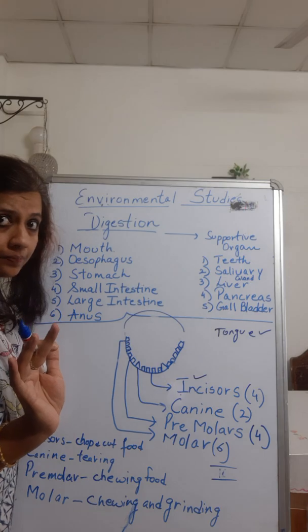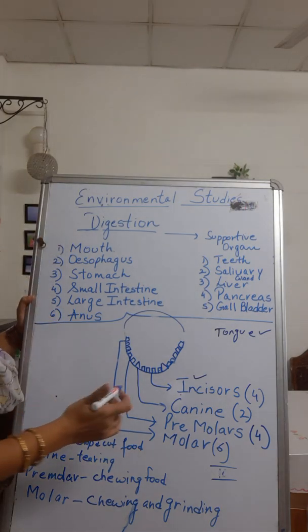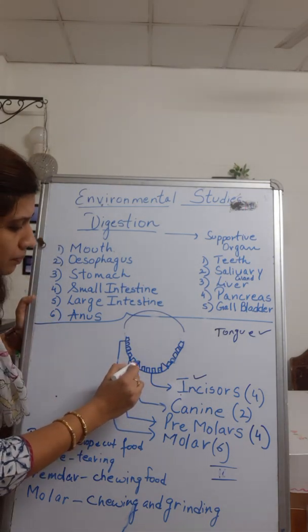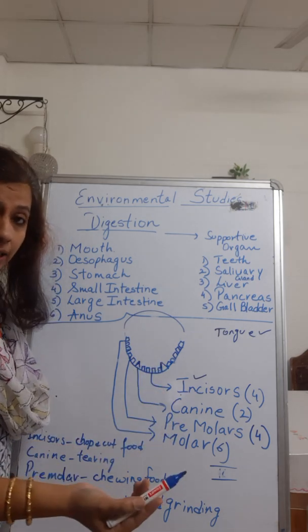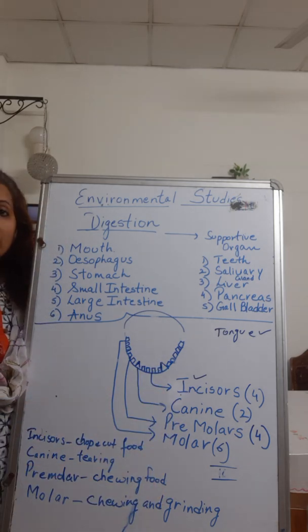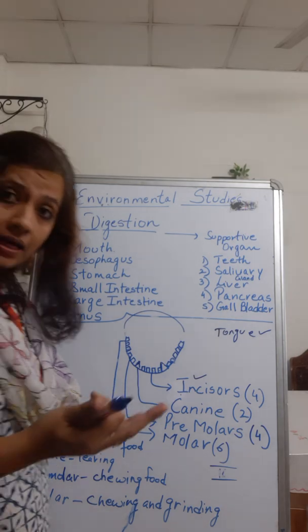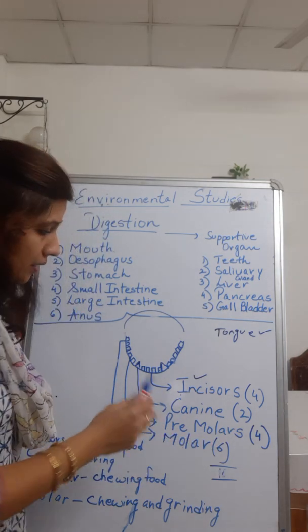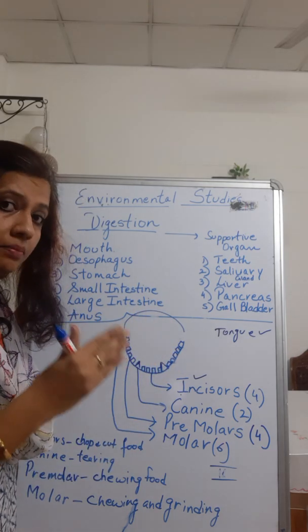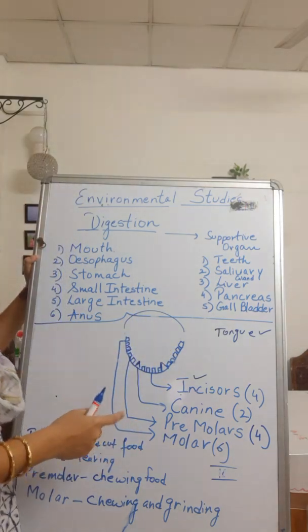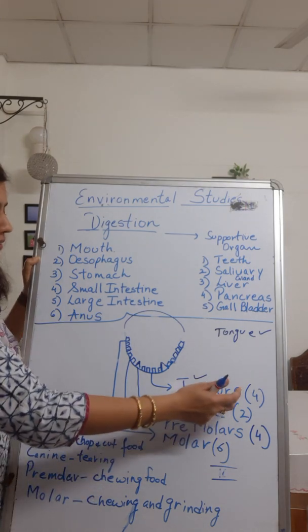Am I clear? Now the next kind of teeth, these pointed ones, are called canines. So how many canines do we have? We have 2 here and similarly 2 on the upper part of our mouth. So we have 2 canines, 4 incisors.